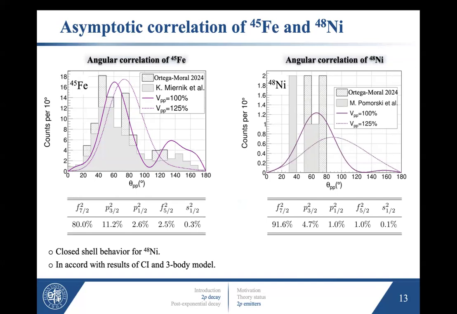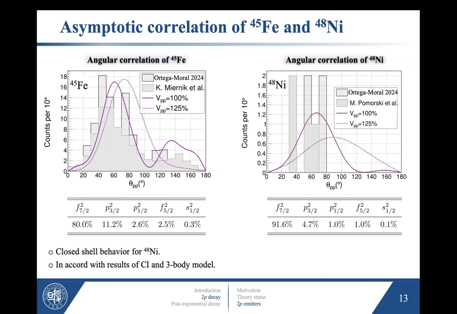So first, we calculate the angular correlation of iron-45 and nickel-48. These two are located near the shell closures, and there are some experimental data for this iron-45 angular correlation. And recently, there is a new measurement done by the Bordeaux group, and they add some more statistics above the previous experiments.